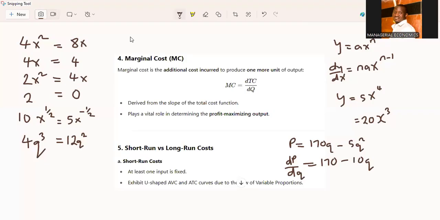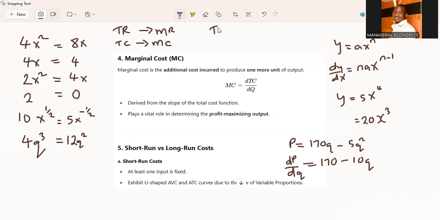So anything differentiated is marginal. If you're differentiating the TR, total revenue, it becomes marginal revenue. If you're differentiating total cost, the T becomes an M, the name changes to marginal cost.